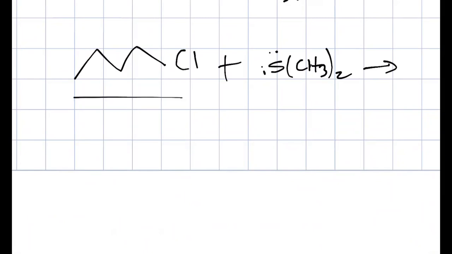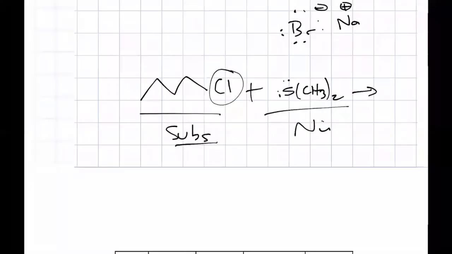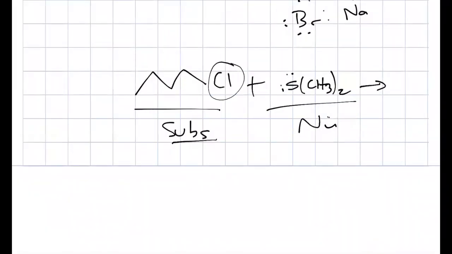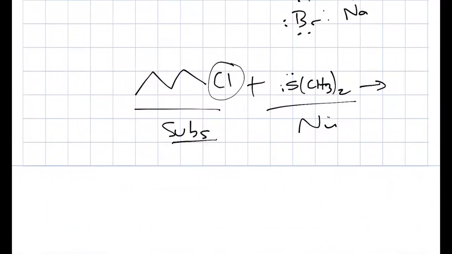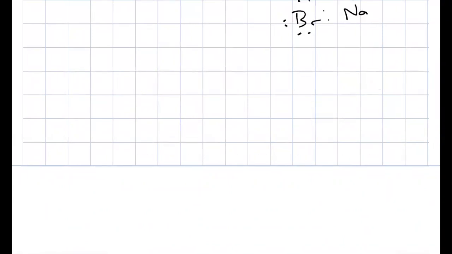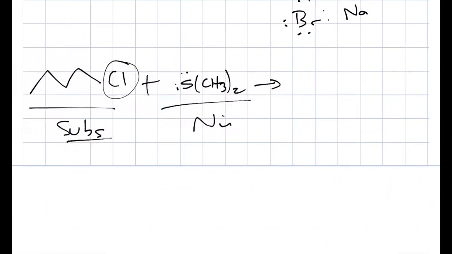So this is my substrate. Chlorine is a very good leaving group. And then this is my nucleophile. What do you think?